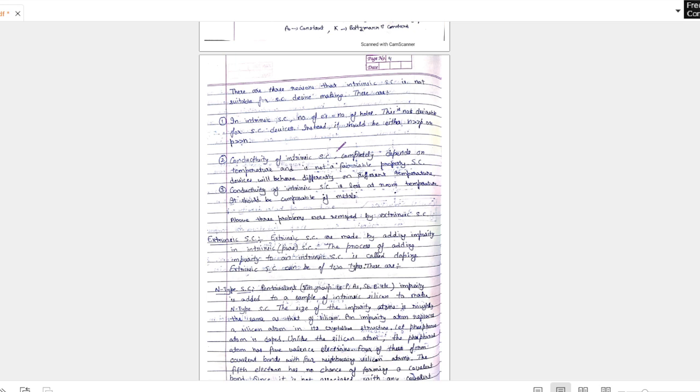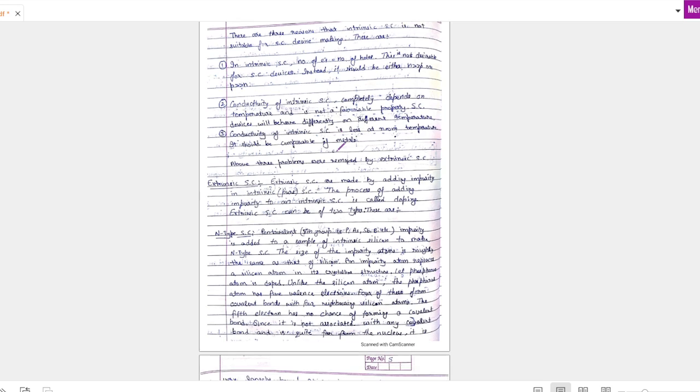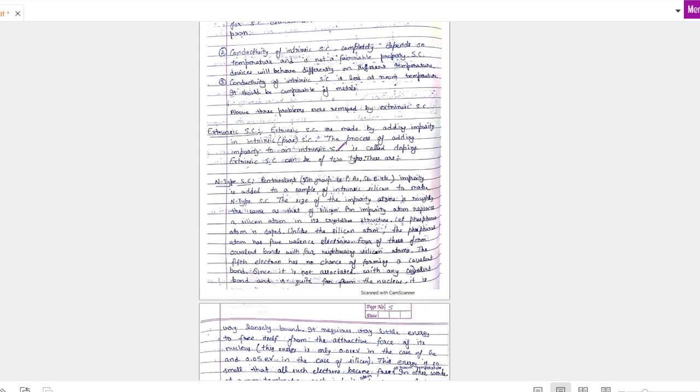Instead, it should be either n greater than p, or p greater than n. The conductivity of an intrinsic semiconductor depends completely on temperature, not on any external quantity. Conductivity of an intrinsic semiconductor is least at room temperature, it is low.